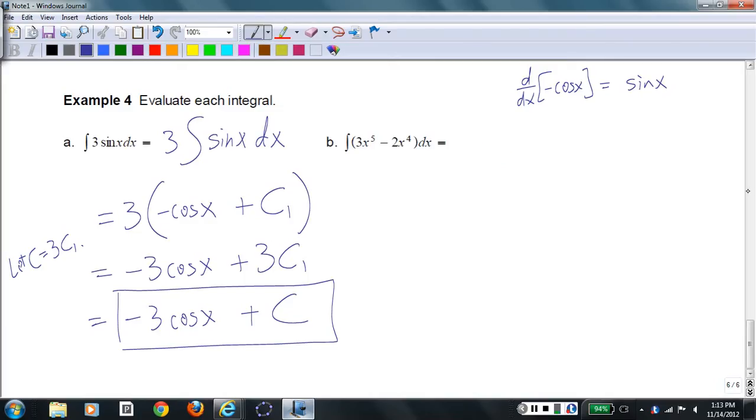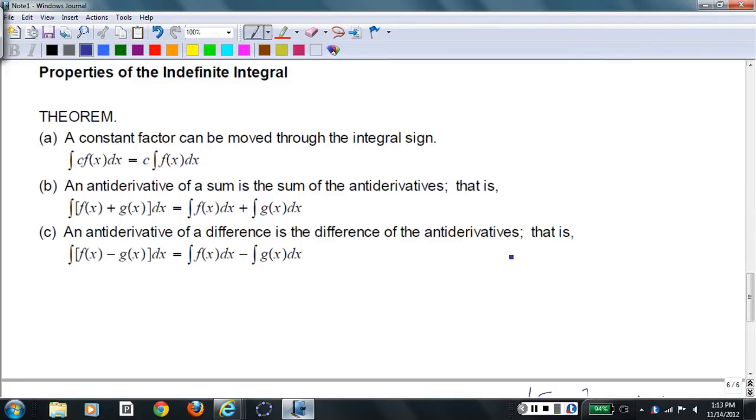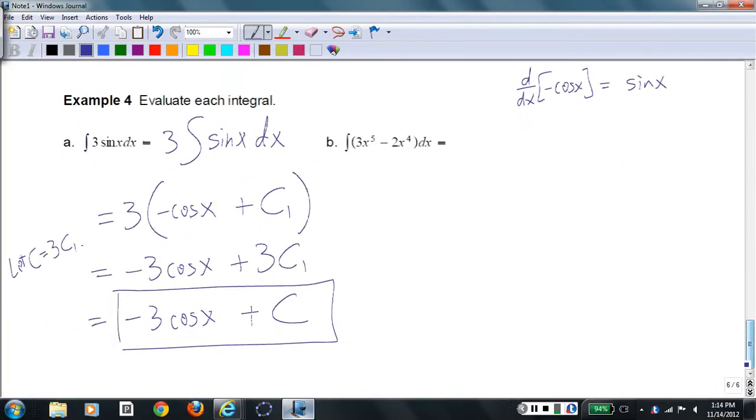Next, we're going to do a combination of things. Well, maybe just the last one: the integral of the difference equals the difference of the integrals. I'm going to take for granted the constant times the integral and just apply the power rule as though it's okay to use a constant in front of it. I'll save us a little bit of time.